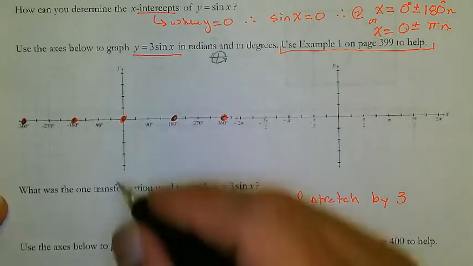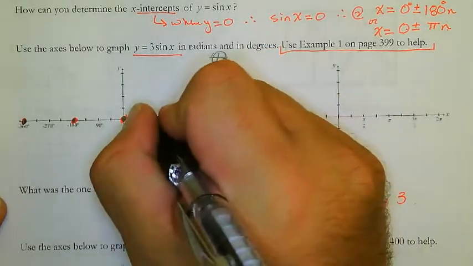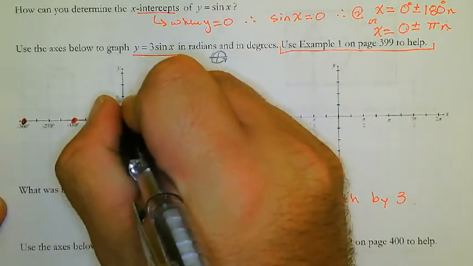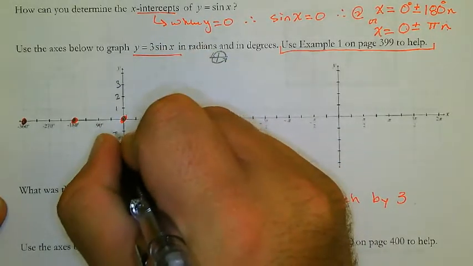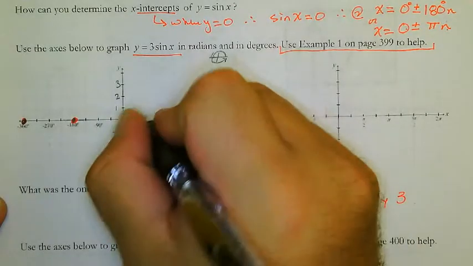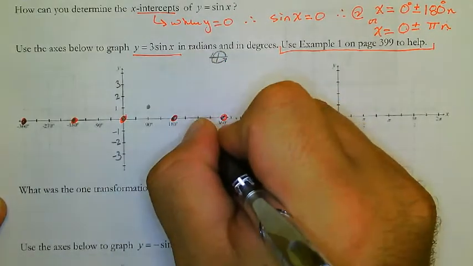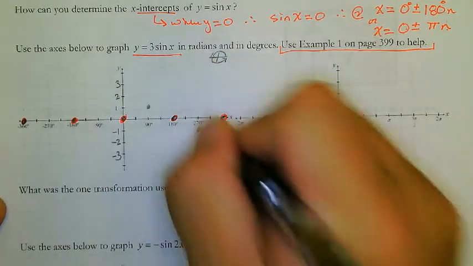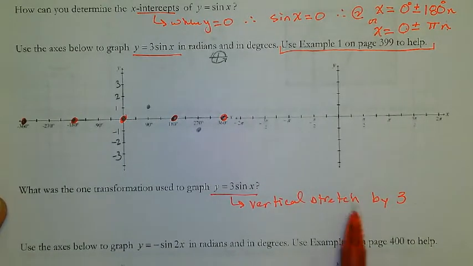Okay. But what about the maximum? Well, generally, if I call this 1, 2, 3, -1, -2, -3, the maximum is generally at 90 degrees and the minimum generally at -1. But what's going to happen when I stretch vertically by 3?